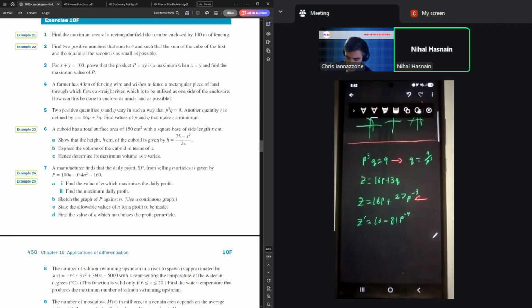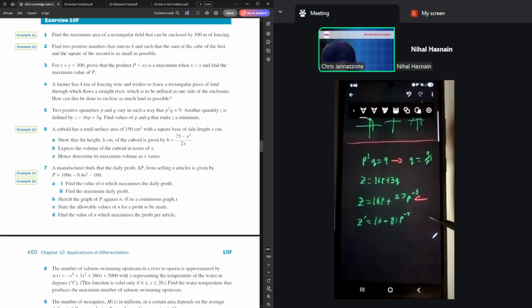Doable, but it'll take a bit of effort to figure out how you deal with the cube on the bottom. I forgot how the negative odd powers work. Those are like your hyperbola or truncus type graphs. Your 1 over x with any odd power is a hyperbola, with any even power is a truncus.